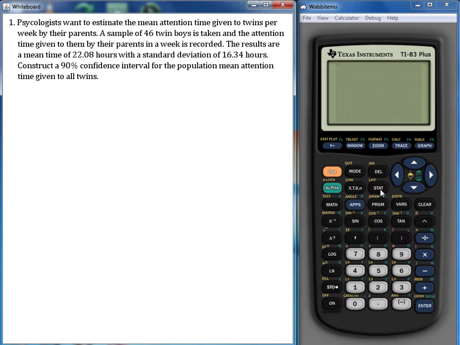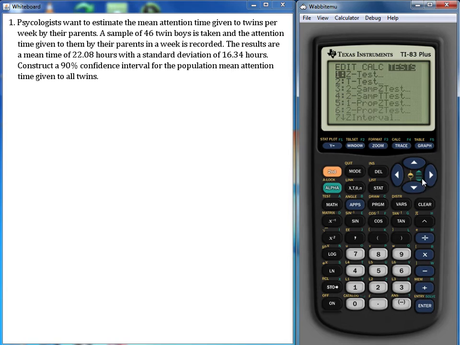So if you go under the Stat menu and over to Tests, you'll find your different functions that you need. The ones that we learned about: Z interval, T interval, and one prop Z interval. All right, so Z interval is a confidence interval for the mean, but it's using the normal distribution.